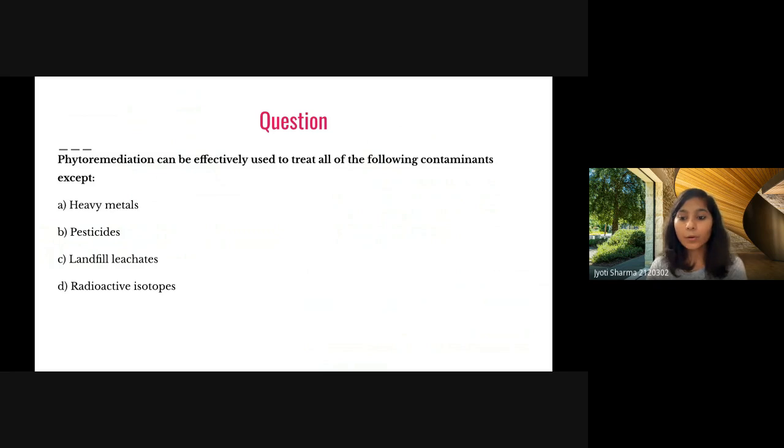Venkateshwara gave me option D, radioactive. Priscilla also gave me the same D. Yes, using plants we can remove heavy metals, pesticides, landfill leachates, but it is very difficult to remove radioactive isotopes using phytoremediation.